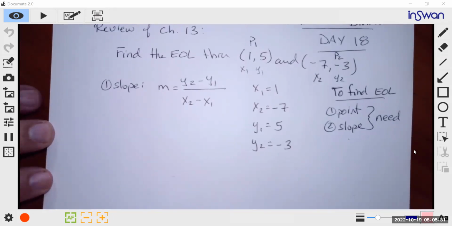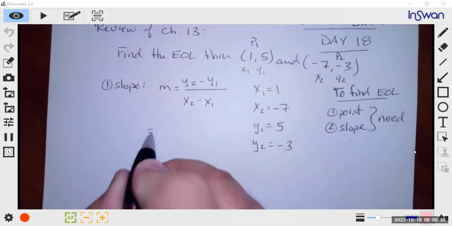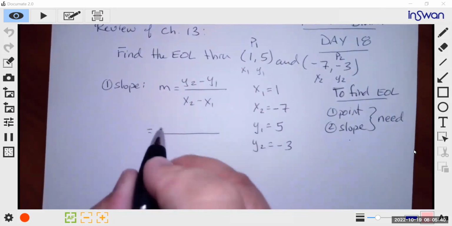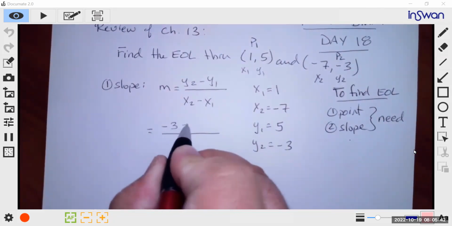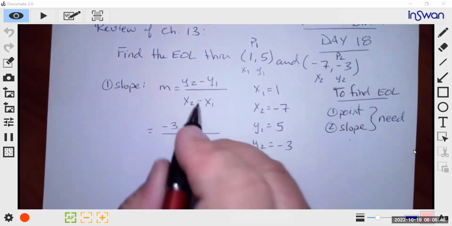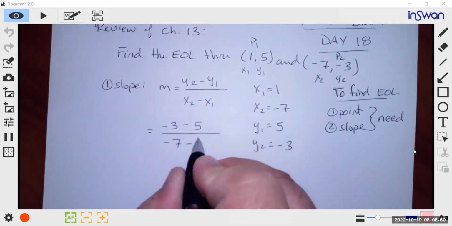Once we find those, let's plug and play. That's y2 minus y1. So y2 is -3 minus y1 is 5. x2, which is -7 minus x1 is 1.